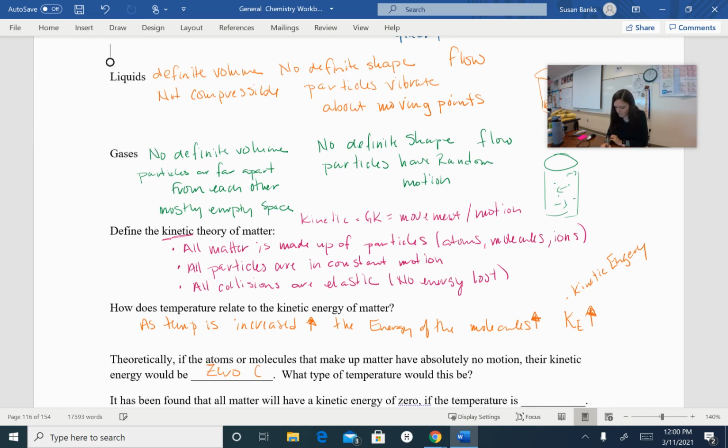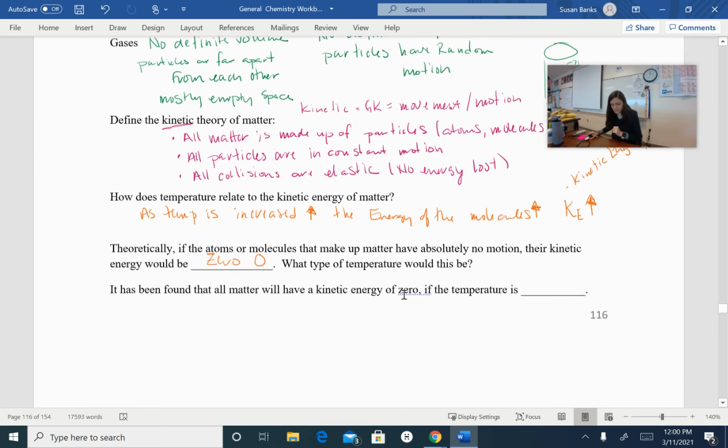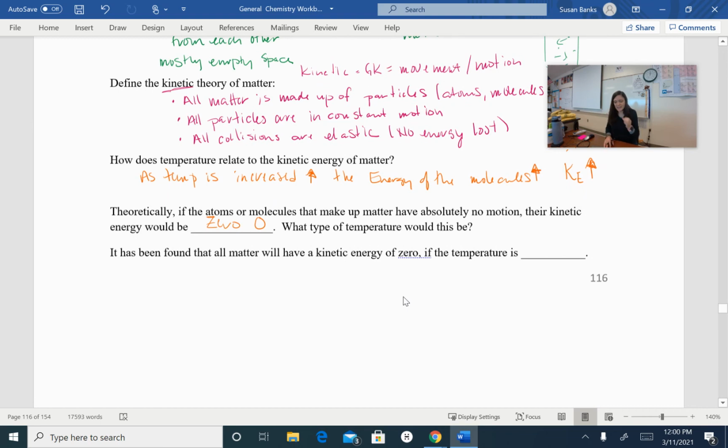So if they stop moving, no kinetic energy. What type of temperature would this be? It has been found through experimental evidence that all matter will have a kinetic energy of zero if the temperature is 0 Kelvin.